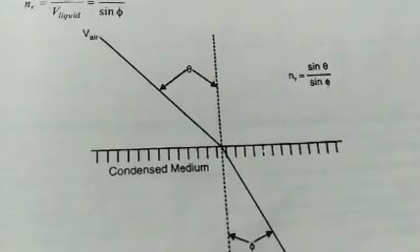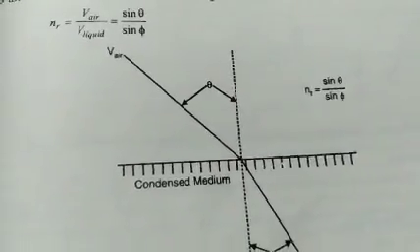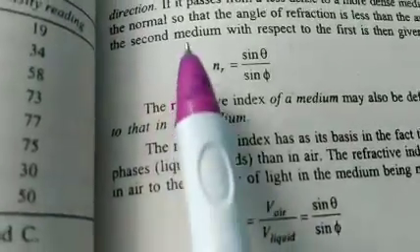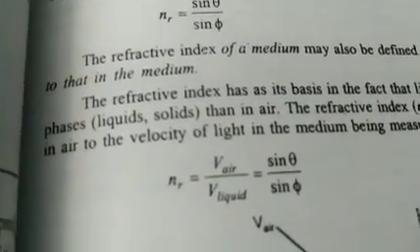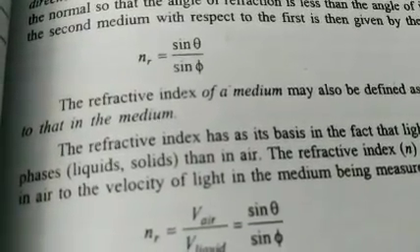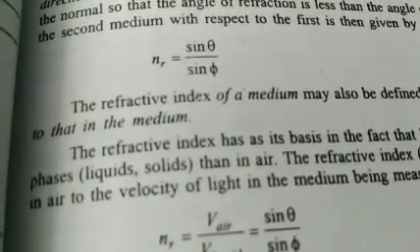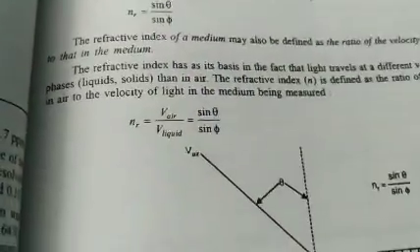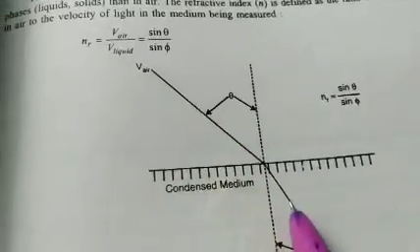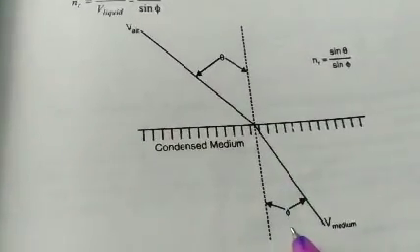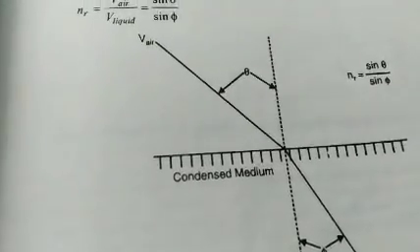The refractive index is denoted by N, or NR. It is the ratio of the angle of one medium to the angle of the other medium: sine theta divided by sine theta of the other medium.